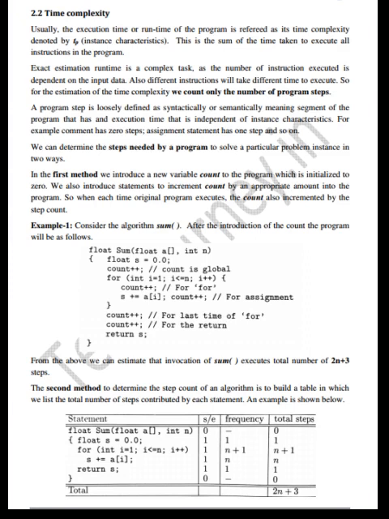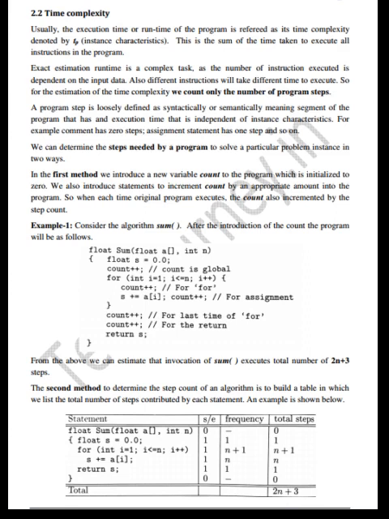We can determine the steps needed by a program to solve a particular problem instance in two ways. In the first method, we introduce a new variable count to the program, initialized to 0. We also introduce statements to increment count by an appropriate amount. So each time our original program executes, the count is also incremented by the step count.